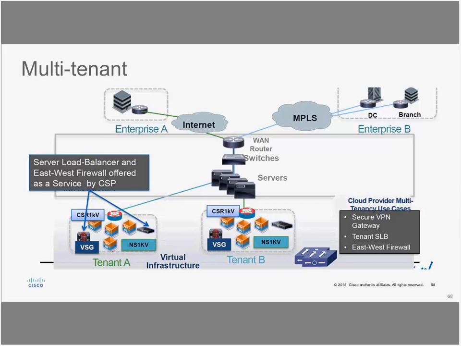I have tenant A and tenant B. And per tenant, I will have a CSR 1000V router and a VSG to protect the traffic within the tenant, and also have a load balancer to load balance the traffic across the virtual machines. So this is one of the examples where you can use different tools that we went over using a PNSC, Nexus 1000V, CSR, and VSG.